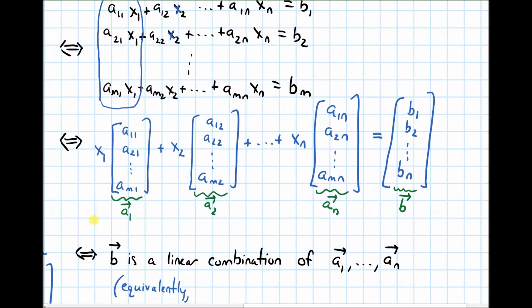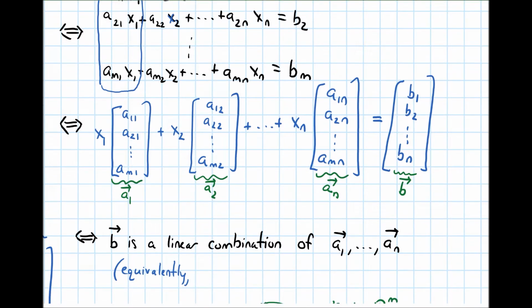But there's an equivalent way of saying that. That's the same thing as saying that the vector b is in the span of a1, comma, up until an.